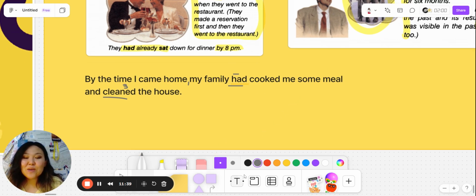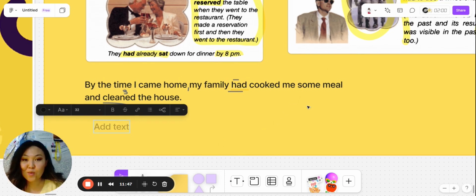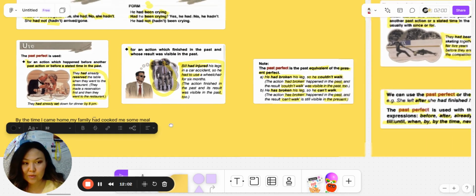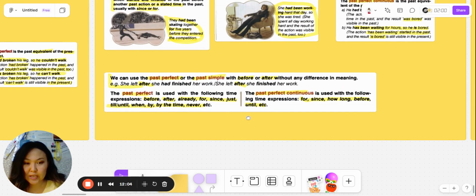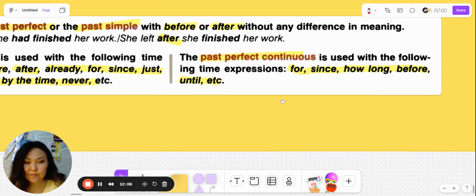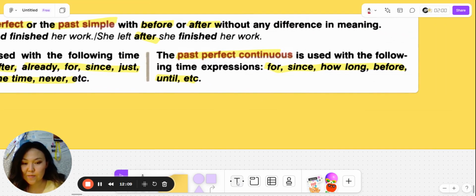And let's make one more with past perfect continuous. Let's look at the words we can use with it. Okay.